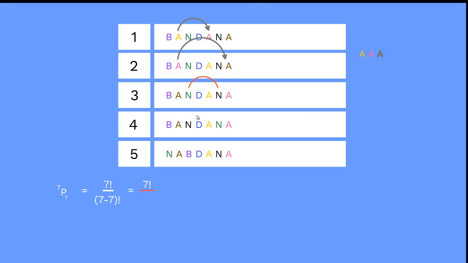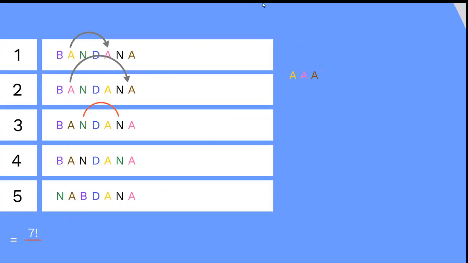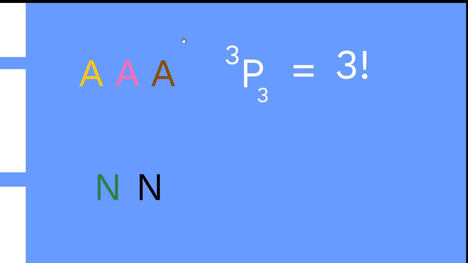So 7 factorial divided by, let us see what number we need to get. There are 3 A's, we saw that there are 3 A's in her name, and these 3 A's we can arrange in 3P3 form. That is 3 ways of arranging 3 options, and the total number of letters is 3. So 3P3 is 3 factorial divided by 0 factorial, that is 3 factorial. Now not only that, the repeating letters are not only A, there are N also. 2 N's in her name.